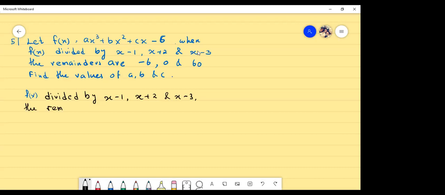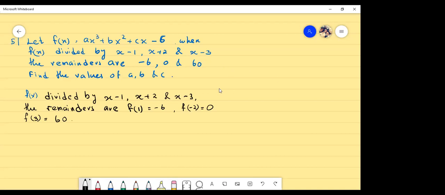The remainders are: f(1) is given minus 6, f(minus 2) equal 0 and f(3) equal 6. Right.